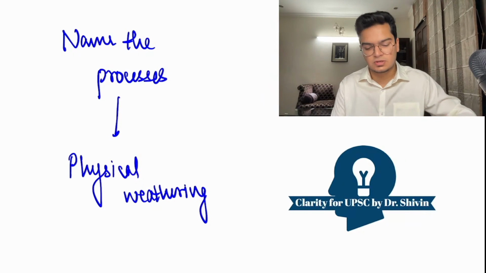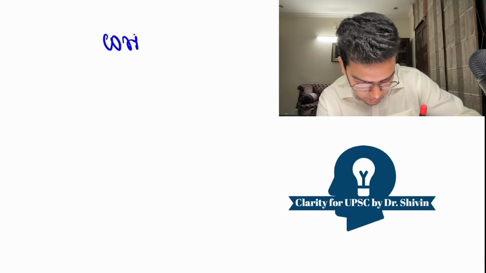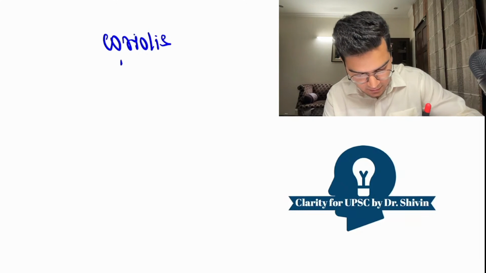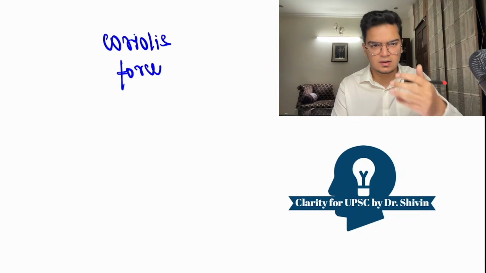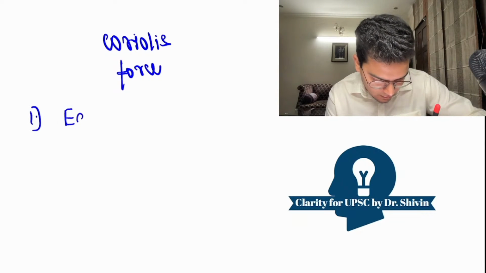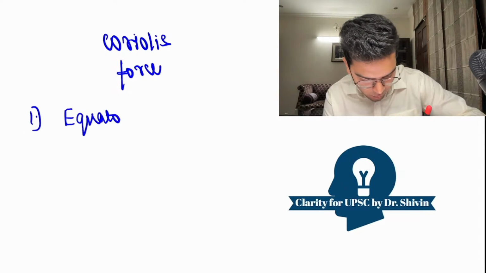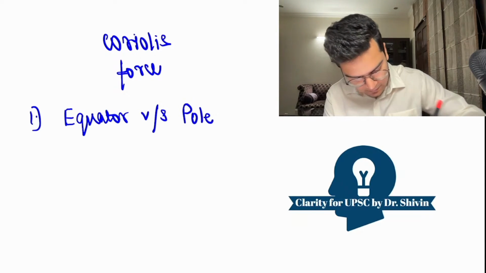Okay, next question. We've all heard about Coriolis force, right? We all know what this is. There are a few questions related to this. The first question: at the equator versus at the pole, what is the magnitude of Coriolis force?